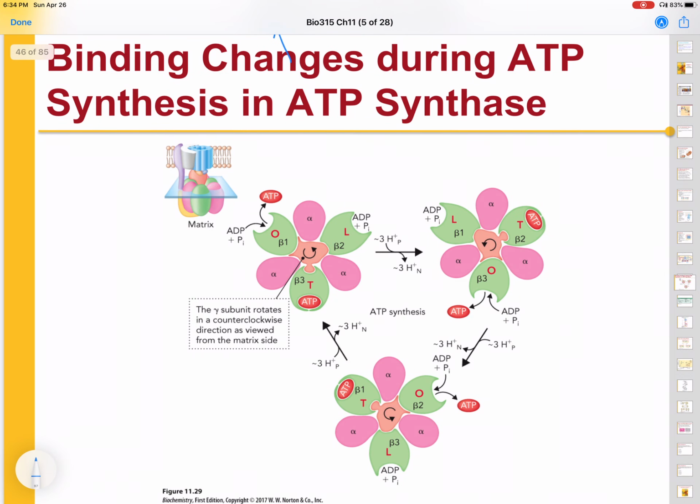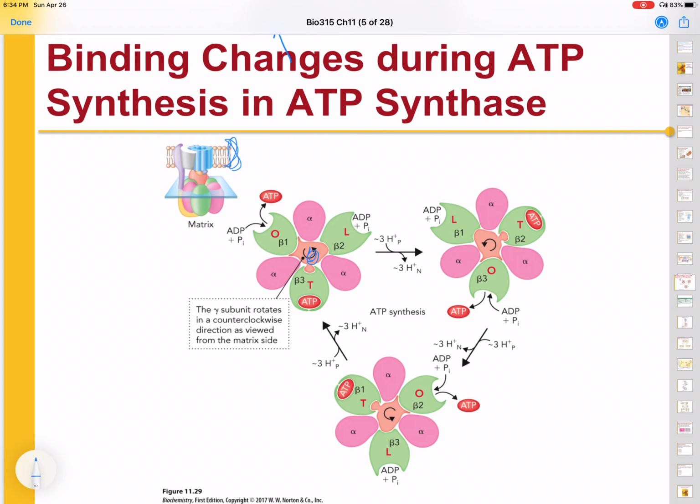But here to see, this is gamma, so this rotates as the flow of protons goes through F0 here. And then if you look, it has basically three orientations.